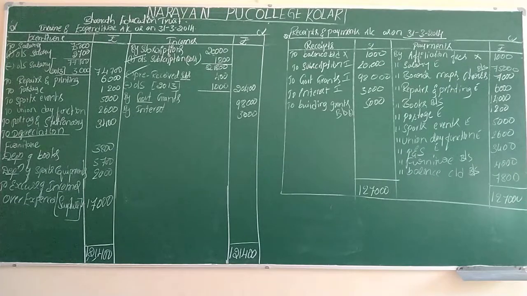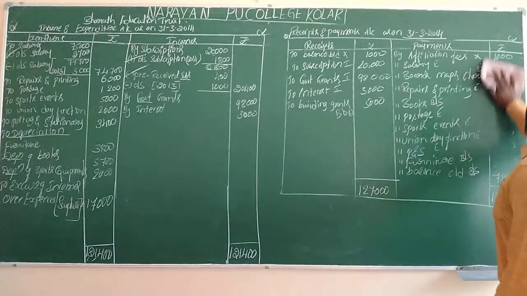These are the transactions which come from the receipts and payments account. Let's come to preparation of the new balance sheet. So we have to draw the columns for the new balance sheet.